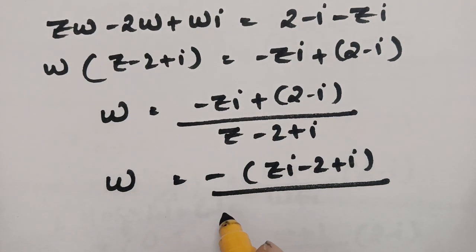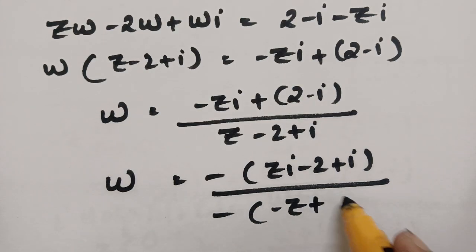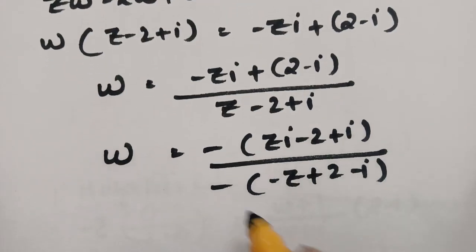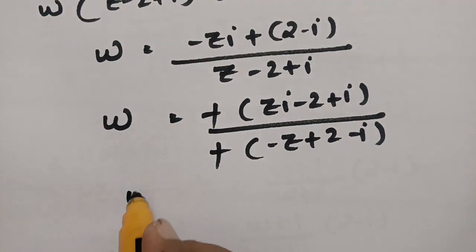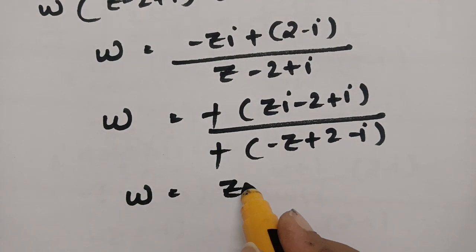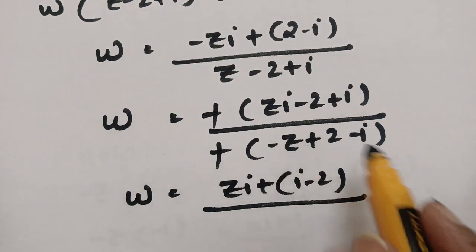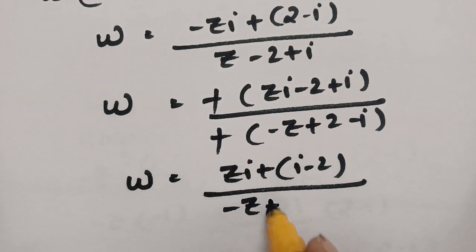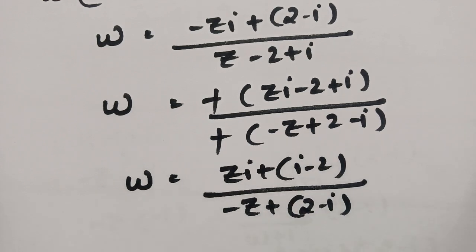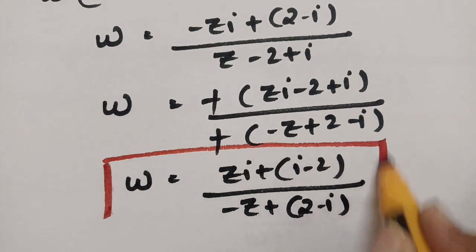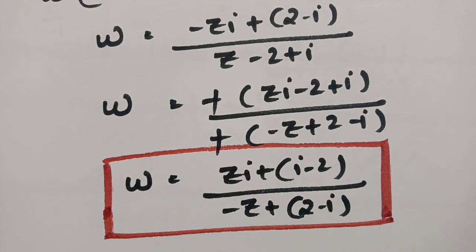In the denominator also, if I take minus common, this will be minus z plus 2 minus i. If I cancel these two, the w value will be zi plus i minus 2 by minus z plus 2 minus i. So this is the final w value, and this is how we have to do it.